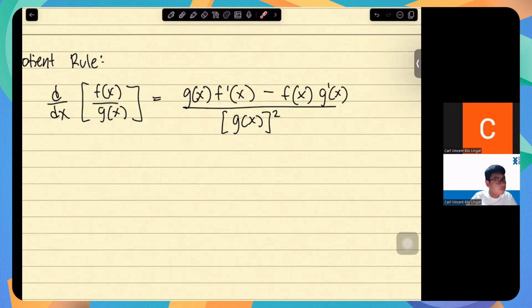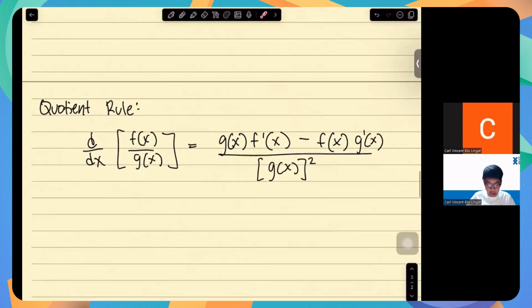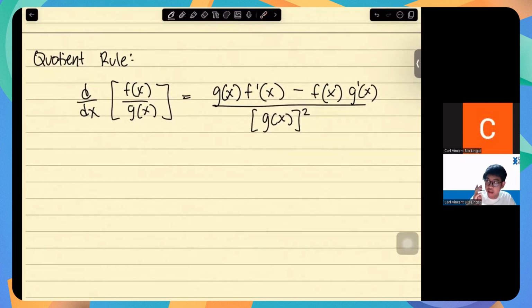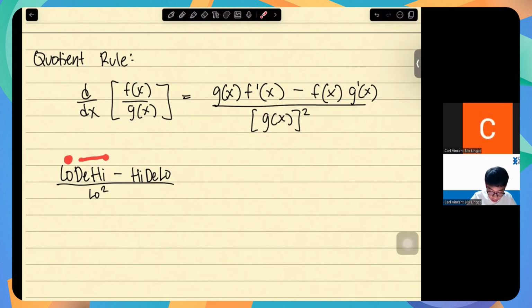If that sounded a bit overwhelming, let me help you. This is something that you should know, which makes remembering this rule so much easier. It is low d high minus high d low over low squared. So basically what this means is low, or the denominator, times the derivative of high, minus high times the derivative of low, over low squared.